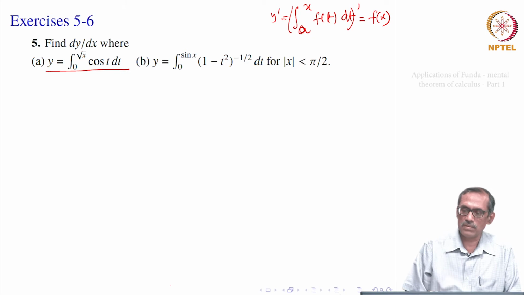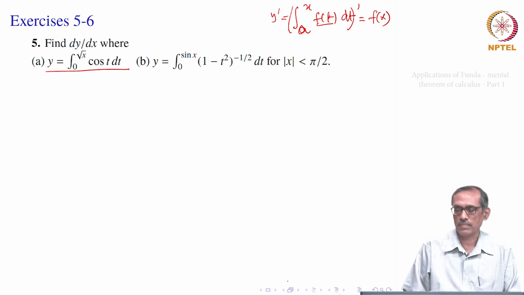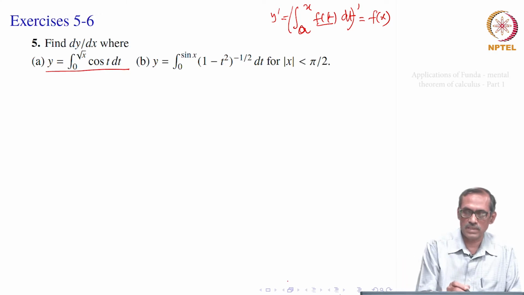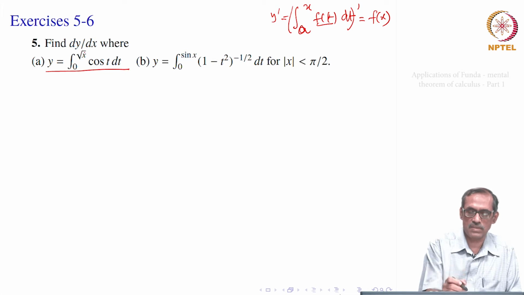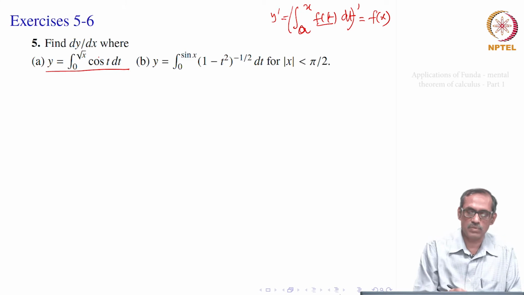So, we straightforwardly go for the derivative, which will be f of x if it is in the form a to x. But it is not in the form a to x, it is 0 to root x. Of course, we can take that constant a to be 0.